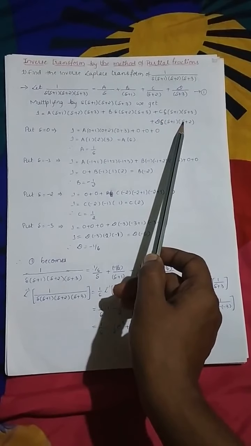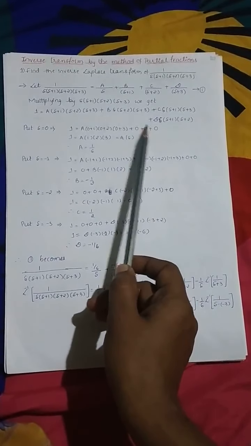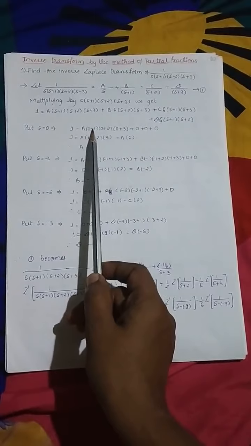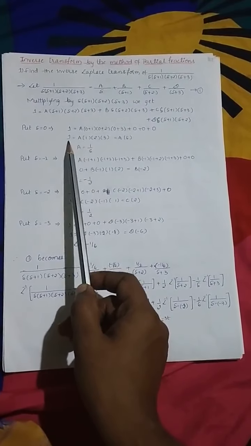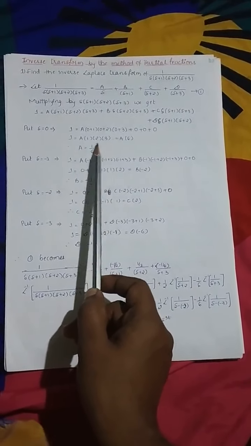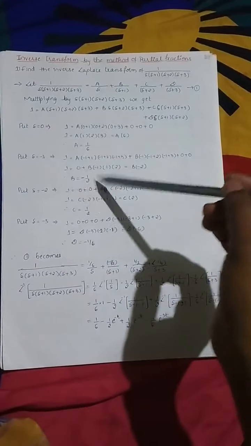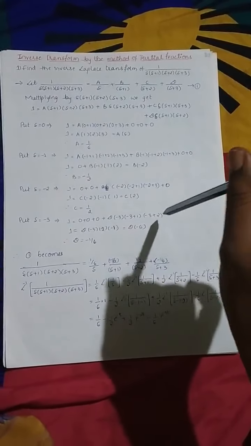Similarly, the fourth term also becomes 0. Simplifying, 1 is equal to a into 1 into 2 into 3, that is 1 is equal to a into 6. Transferring 6 to the LHS, we get a equals 1 by 6.